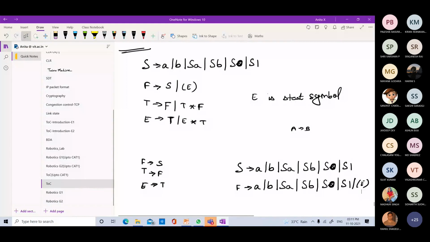In order to eliminate it, I am taking all the productions of F and placing them here. So next, what is the thing? T derives F. Here you can see, this we have eliminated.